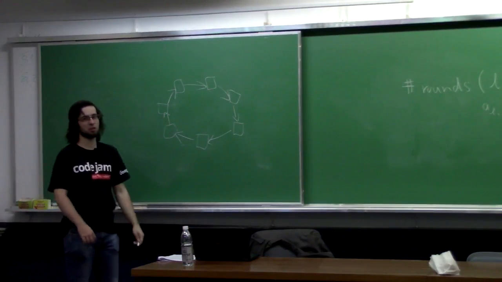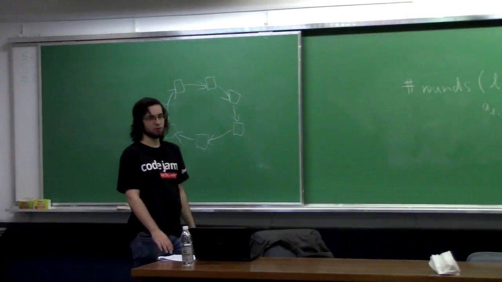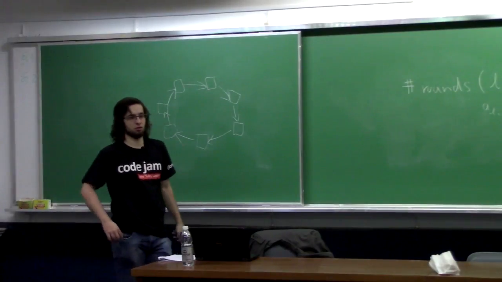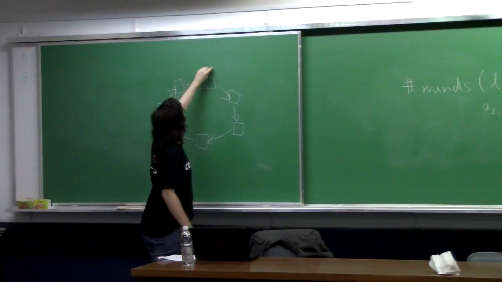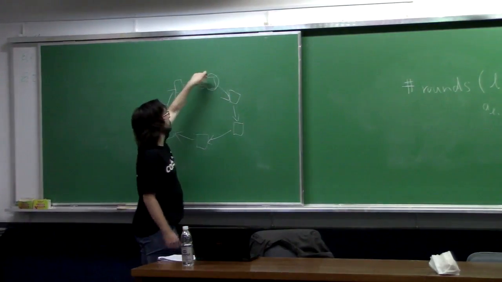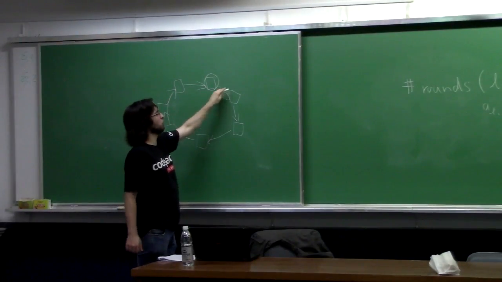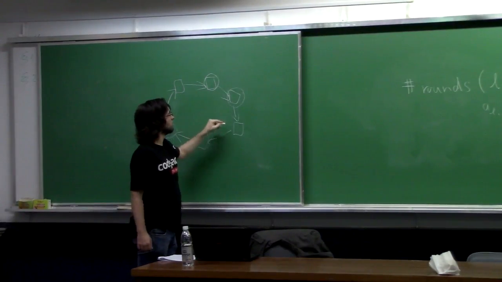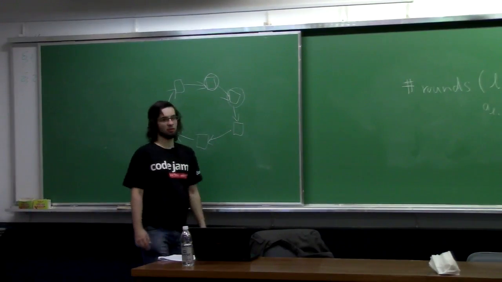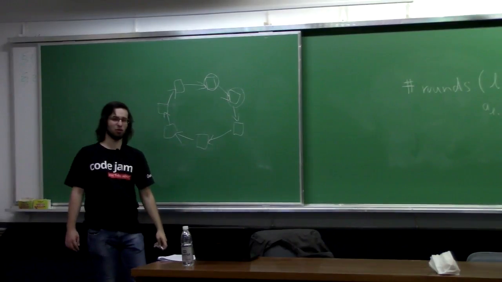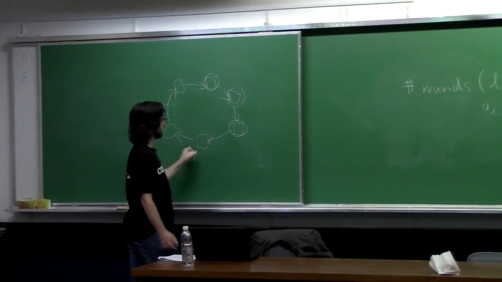And for each ice cream stand we have some group of ice cream types that are sold in this stand, and we want to start at some stand, buy all the ice cream types that are in this stand, then move on to the next stand in the circle, and buy those ice cream types that are in this stand. Of course, each stand can sell more than one of each ice cream type. There's no reason why it wouldn't in this problem.